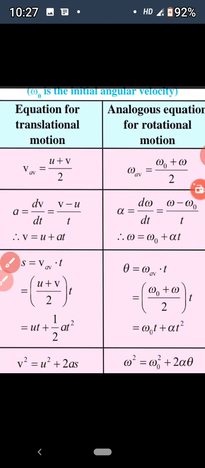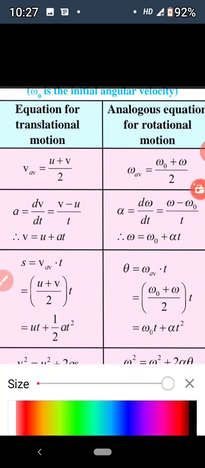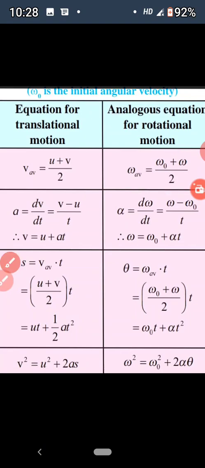And in rotational motion, the average angular speed is omega 0 plus omega, where omega 0 is the initial speed and omega is the final speed, divided by 2.